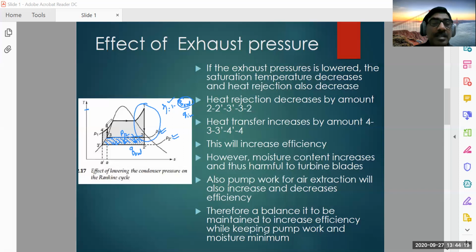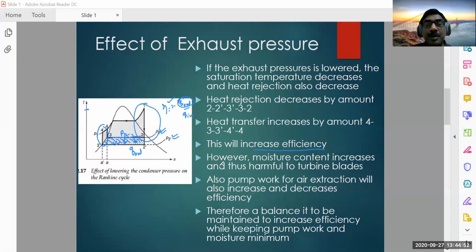In what way? This is the amount of heat that is getting added extra. If you are decreasing the pressure from this point to this point, this is the extra amount of heat that is getting added, 3, 3 dash, 4 dash, 4. So this extra amount of heat is added and some amount of heat is saved without being rejected. The combined effect of these two things is that the efficiency will be increased.